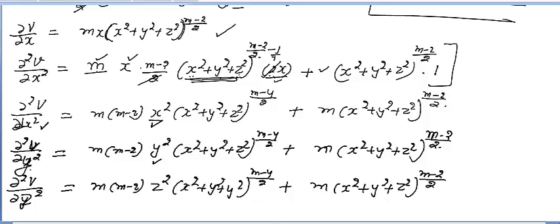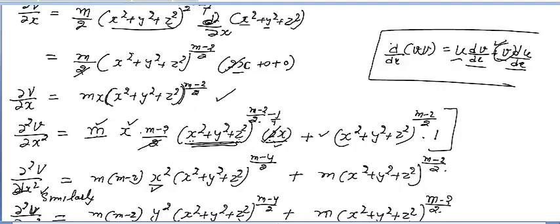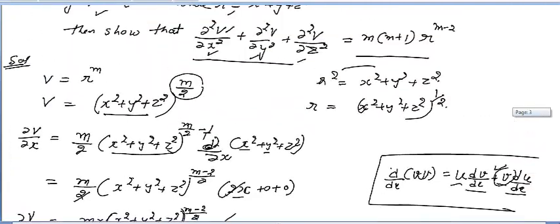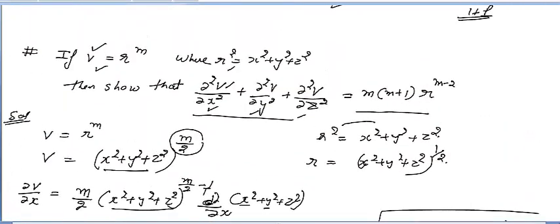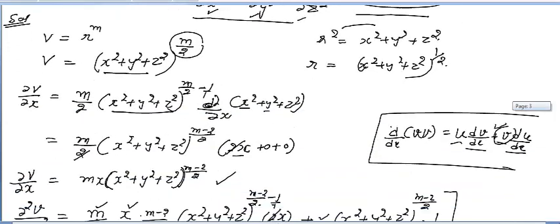So here, before taking this one, you can write similarly. Okay, we can find double derivative with respect to y and double derivative with respect to z. After that, you have to prove this is equal to. Now you will add all these derivatives and you are required to get this. Let's see what happened.